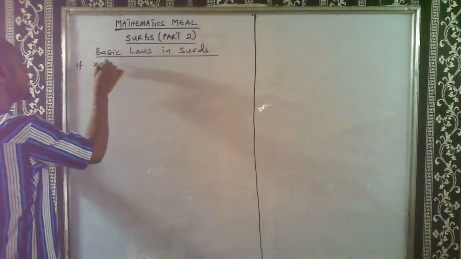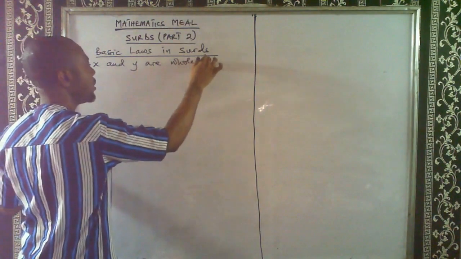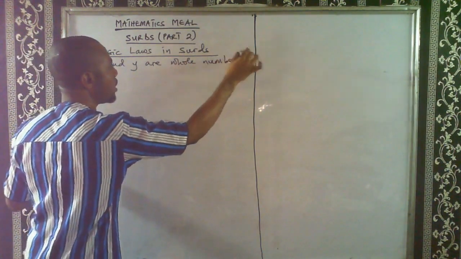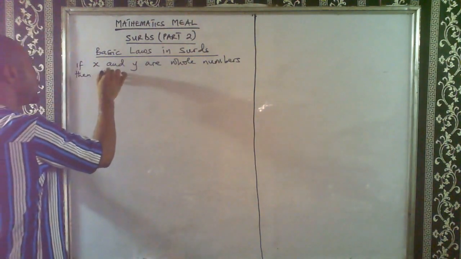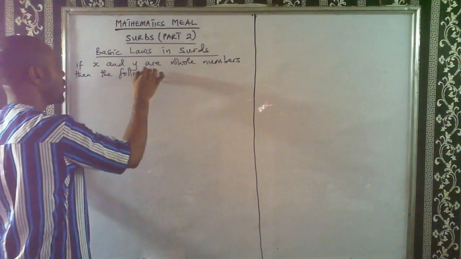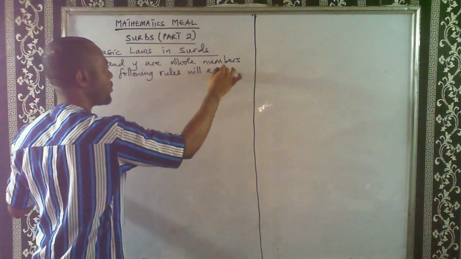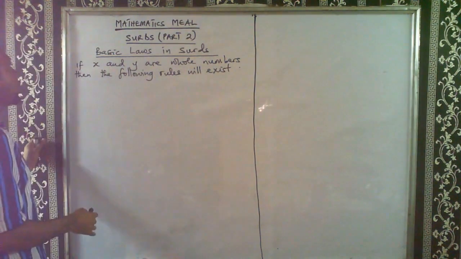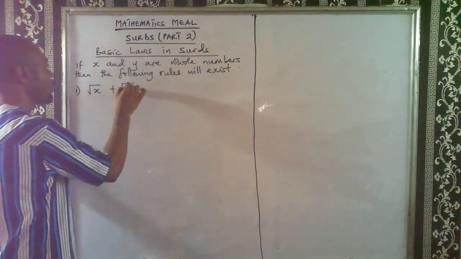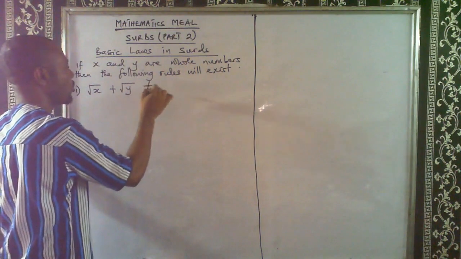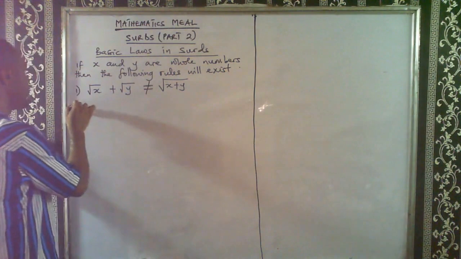If x and y are whole numbers, then the following rules will exist. 1. Square root of x plus square root of y is not equal to square root of x plus y. 2.